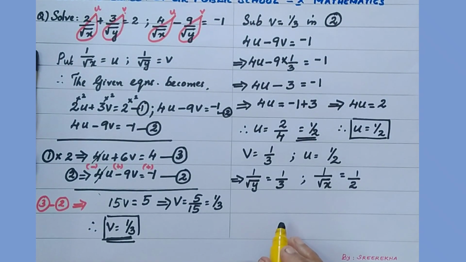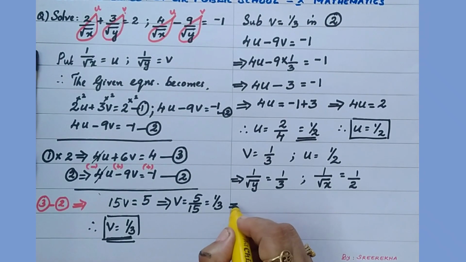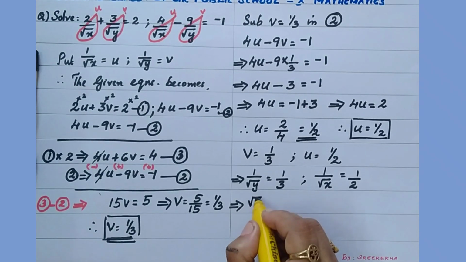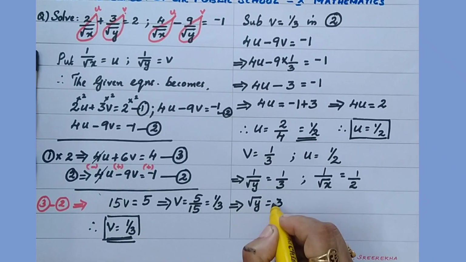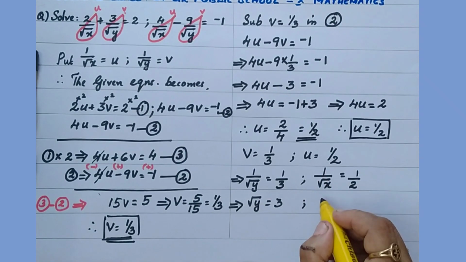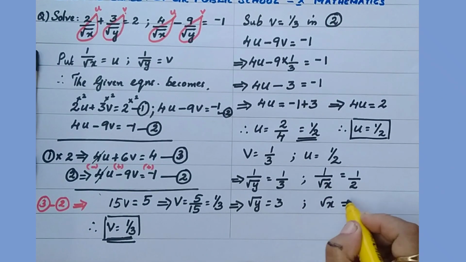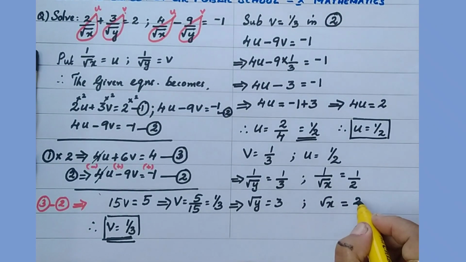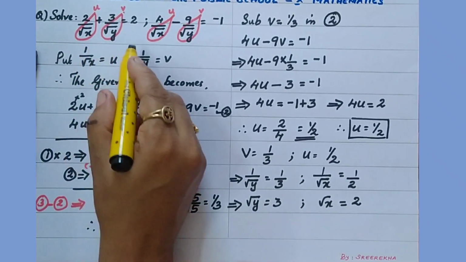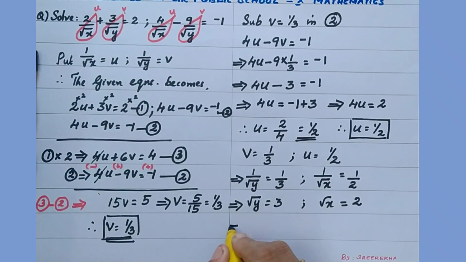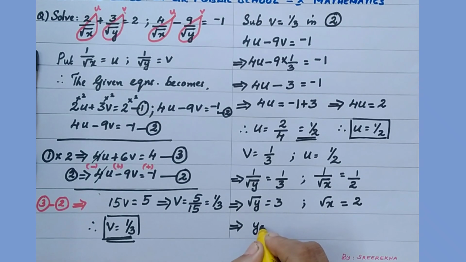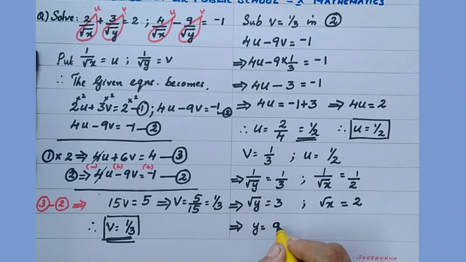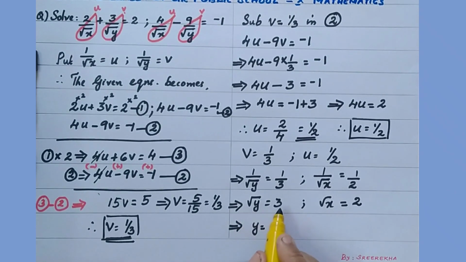How to find the values of x and y? I am going to take the reciprocal. When taking the reciprocal, you get root y equals 3. Here taking the reciprocal, you get root x equals, right side reciprocal is 2. But you are asked to find the values of x and y, which implies y equals 9. How? Taking the square of both sides.